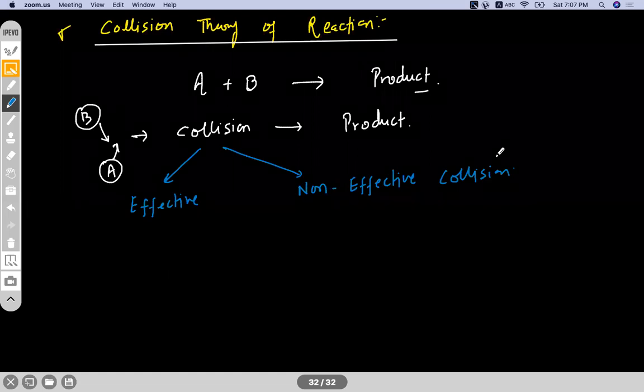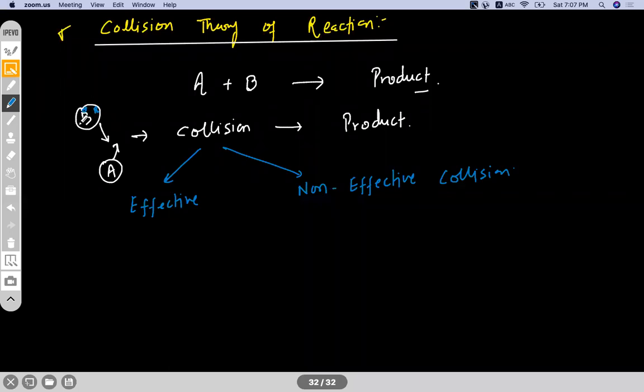When the two molecules collide, at the surface of the molecules we have certain active surface area. To provide the product, we must have active surface area in contact when the molecules collide. That is one of the criteria, not the only criteria, but an important one. Without this also the reaction is not possible.